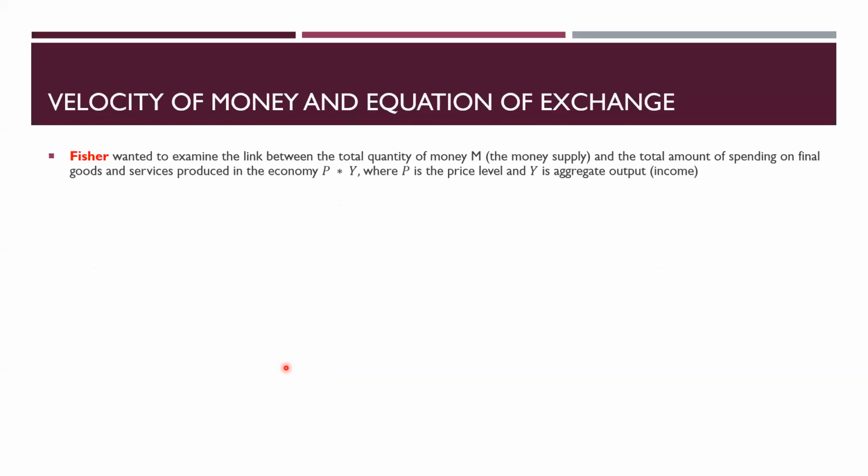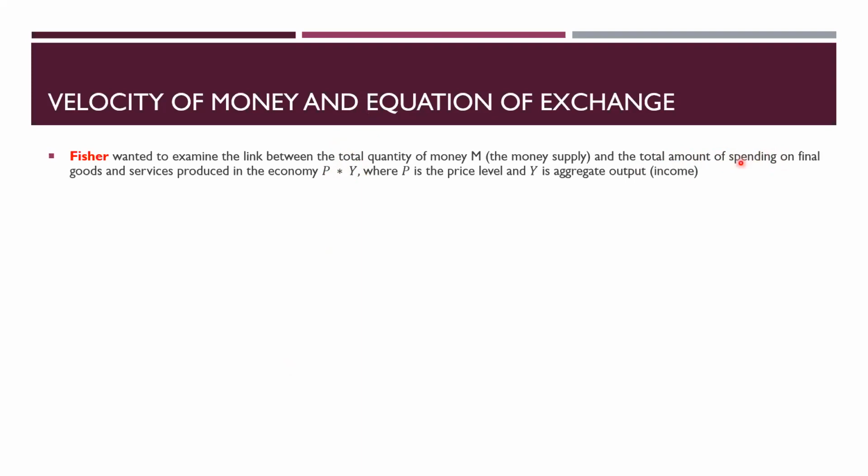Fisher wanted to examine the link between the total quantity of money, M, which is the money supply, and the total amount of spending on final goods and services produced in the economy, P times Y. P times Y is nominal income, because we are multiplying total production, Y, by the price level, P. Remember, income is the same as spending.